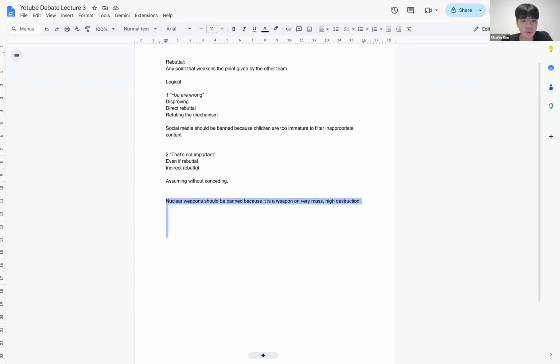So that's what you do. Even if you are true, that's not the important part. The thing that I see is the important part is one way that you rebut. So, yeah, keep that in mind, an even if rebuttal.